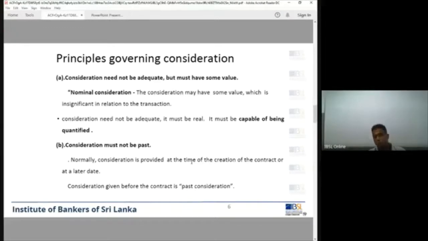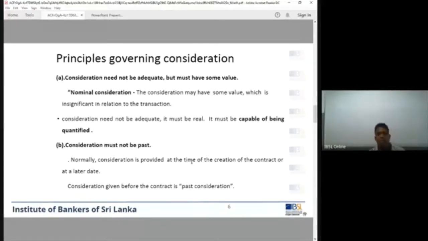If I am the owner of the property, I can sell the property for a lower price. That is my decision. Just because I sold the property at a lower price, that doesn't mean that the consideration is bad. Still, the consideration is good, even though it is not adequate.